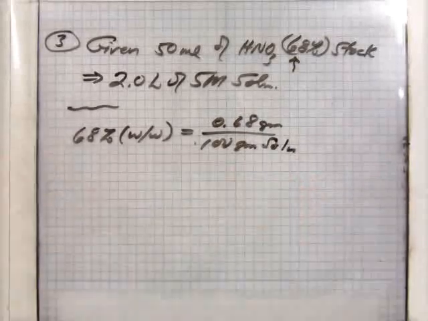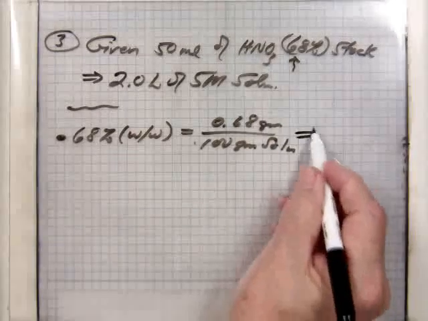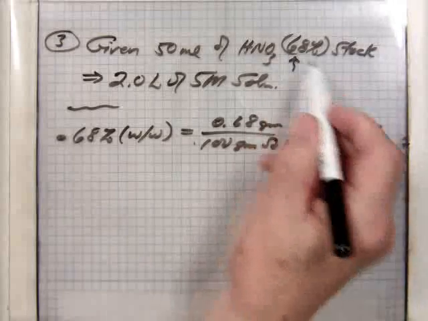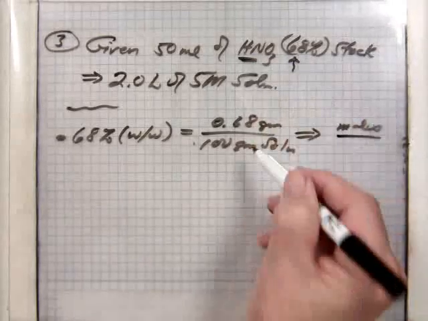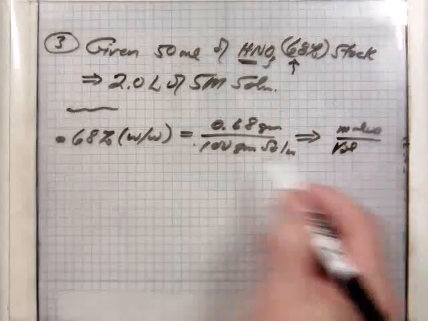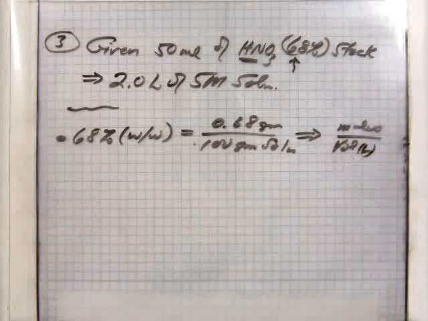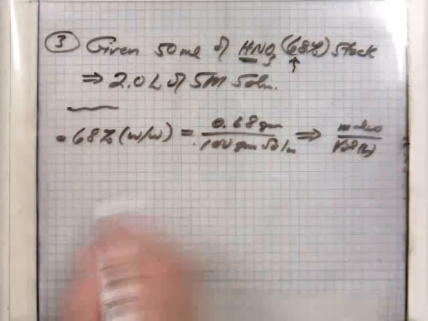You need to convert this to moles of the solute, HNO3, in the numerator, divided by the volume of the solution in liters. That's the simplest way to do it.